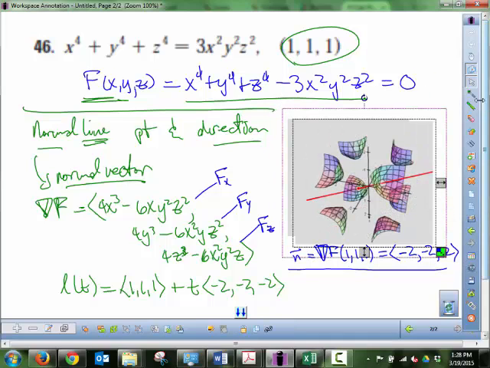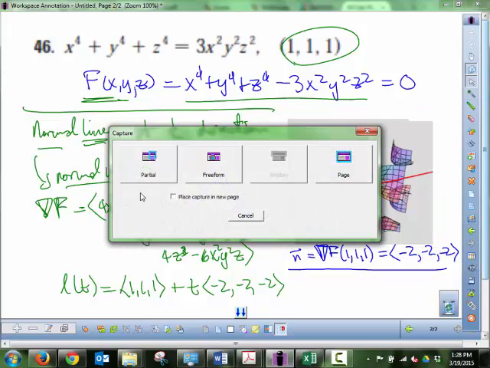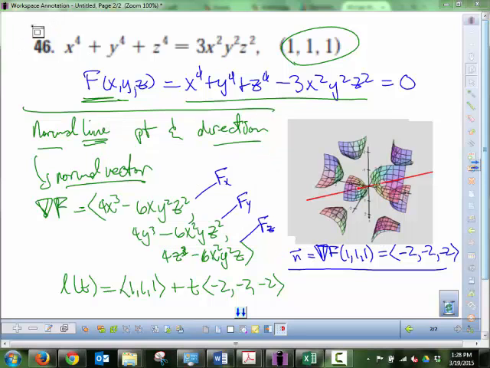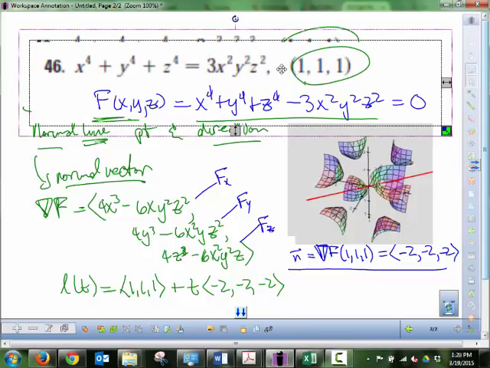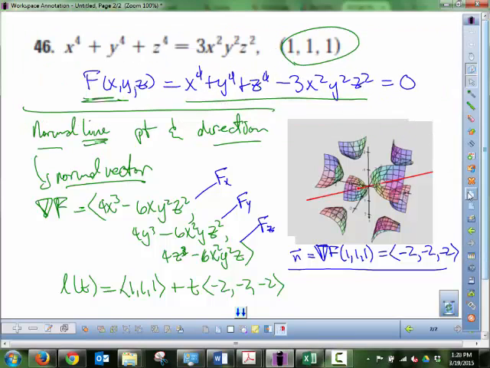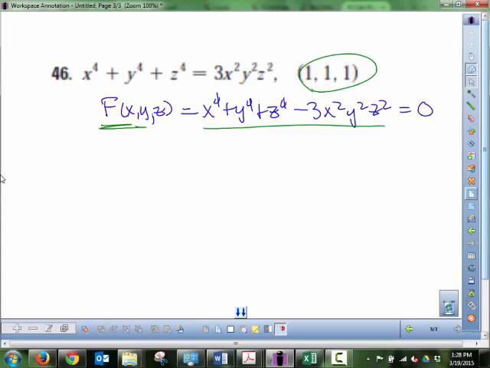All right, so we'll take this information and then we'll do the tangent plane. And we'll remember that our normal vector is negative 2, negative 2, negative 2.